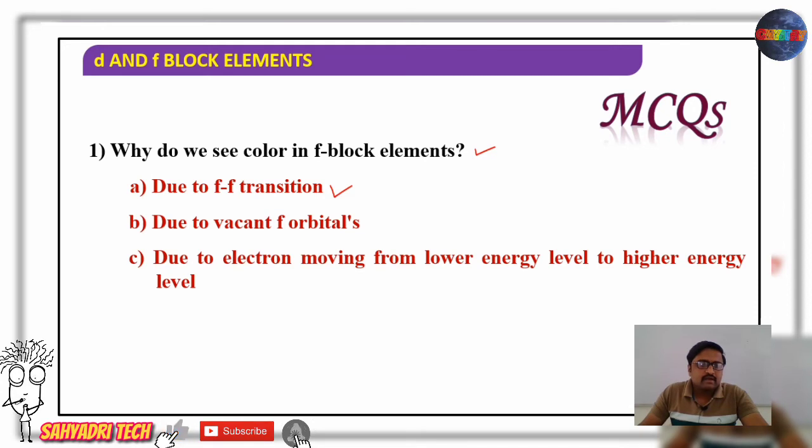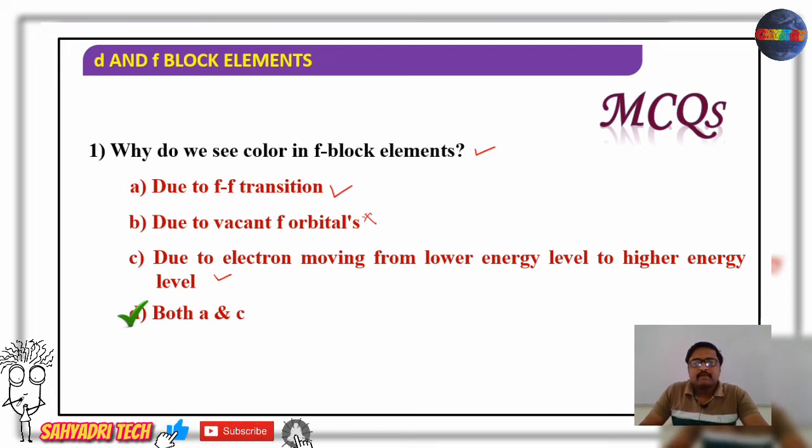No. Even if there is a vacant orbital, as in the first example of lanthanum 3+, there is no electron, so it is not a criteria. Then C, due to electron moving from lower energy level to higher energy level. It is true. Only when an electron moves from a lower to a higher energy level is there an f-f transition. Fourth one, both A and C. Yes, it is both A and C.